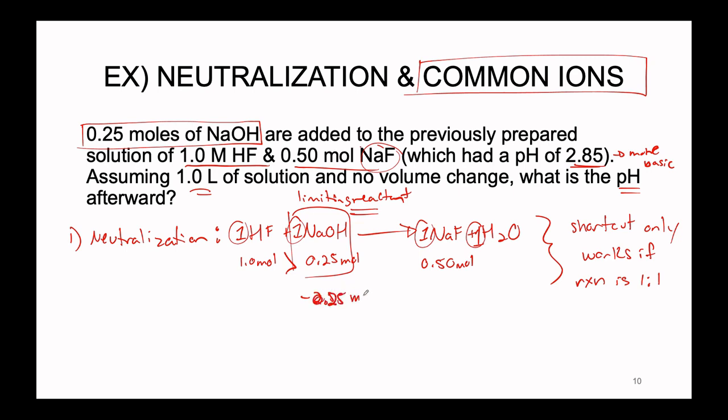We're losing 0.25 moles of sodium hydroxide, meaning that once the reaction is complete, we will have no sodium hydroxide left over. We are also, because this reaction is a 1-to-1 with HF, going to be losing 0.25 moles of HF, giving us 0.75 moles of HF left over. As the reaction progresses and we are creating product, we are going to be gaining 0.25 moles of our NaF, giving us 0.75 moles of NaF once the reaction is complete.